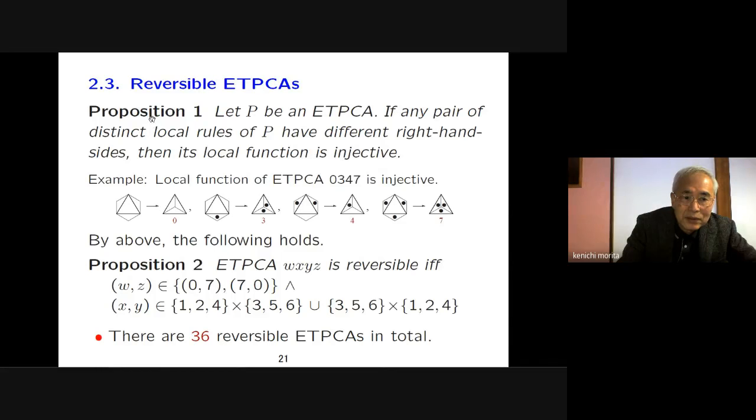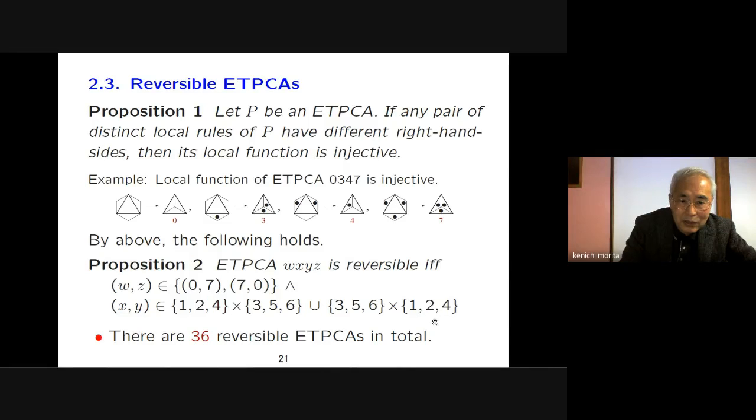By this observation, we have proposition 2. ETPCA WXYZ is reversible if and only if WZ is either 07 or 70, and the pair XY is from this set or from this set.